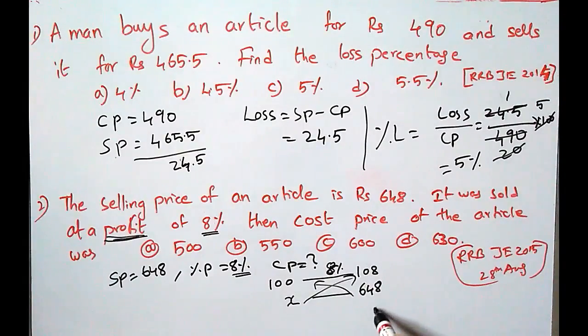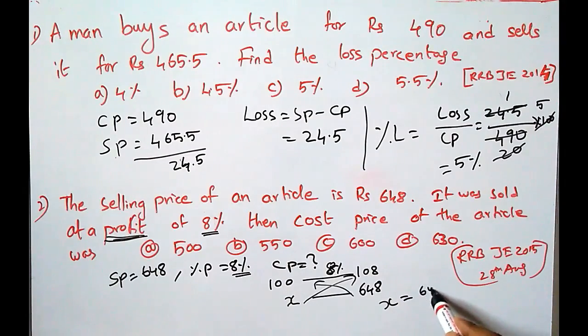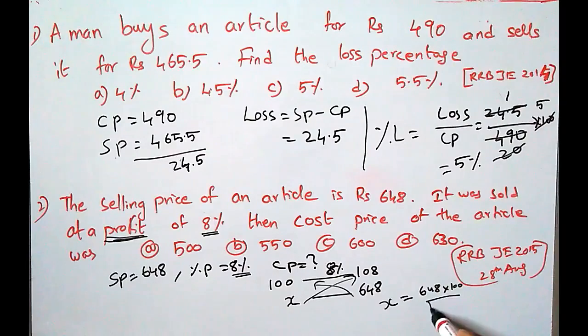We will get x is equal to 648 into 100 by 108. 108 six times, which is nothing but 600. Have you got it, friends? Whatever may be the problem, if you take it in parts or assume cost price as 100, then the answer will become easy, friends.